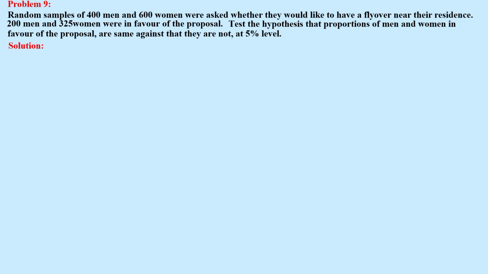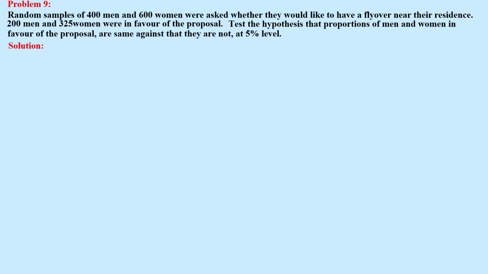So they want to build a flyover near a residential area. So they asked whether they are in favor of that flyover, if they want it or they don't. They asked a sample of 400 men and 600 women. Out of 400 men, 200 said okay for the flyover.